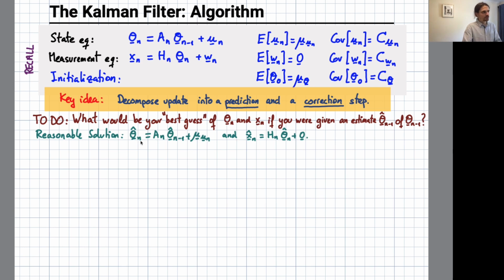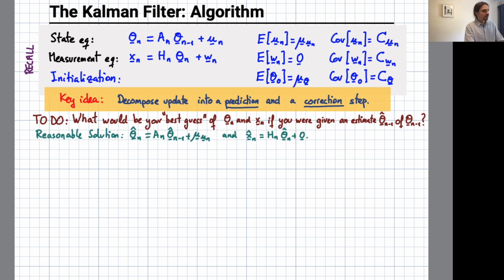What we can do is to use this first expression to find a guess of theta n, and then plug it here to obtain a guess of xn. Since the noise has 0 mean, we can just set this to 0, and this would be the natural answer to this question.